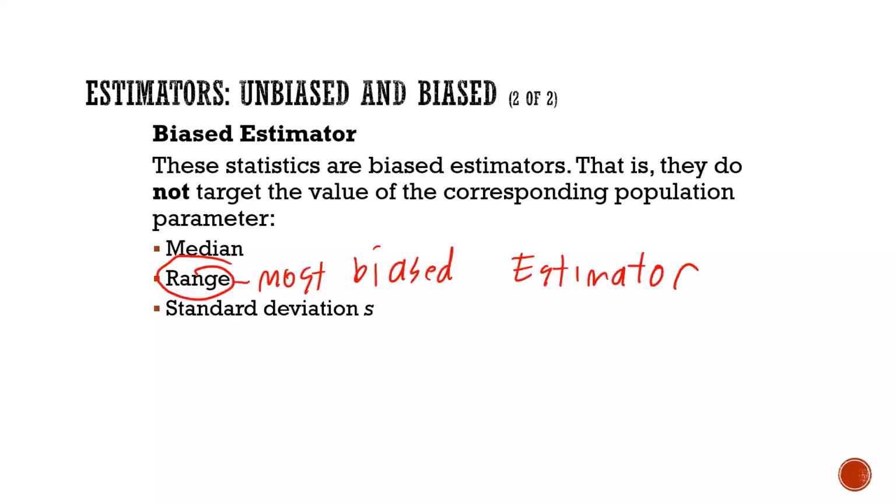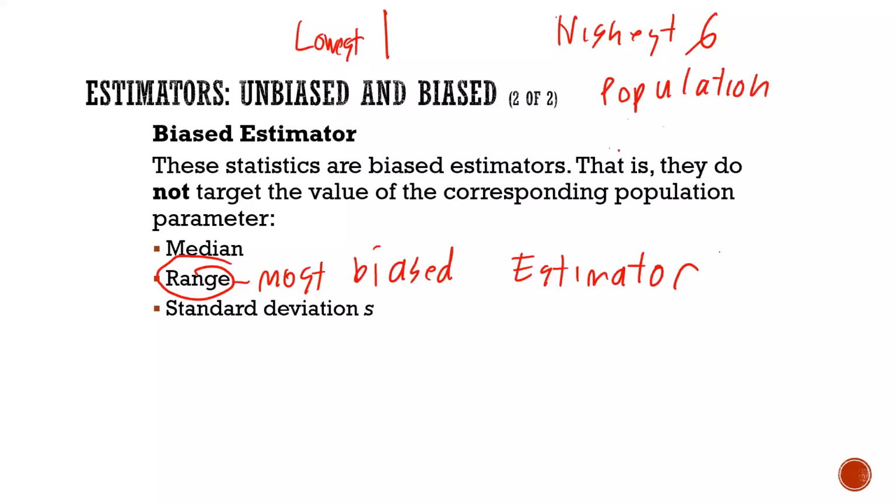The population of all dice rolls: what's the lowest a dice roll can be? 1, that's the lowest. And the highest is 6. So I'm going to call this the population range. The population range for the dice experiment would be 5.